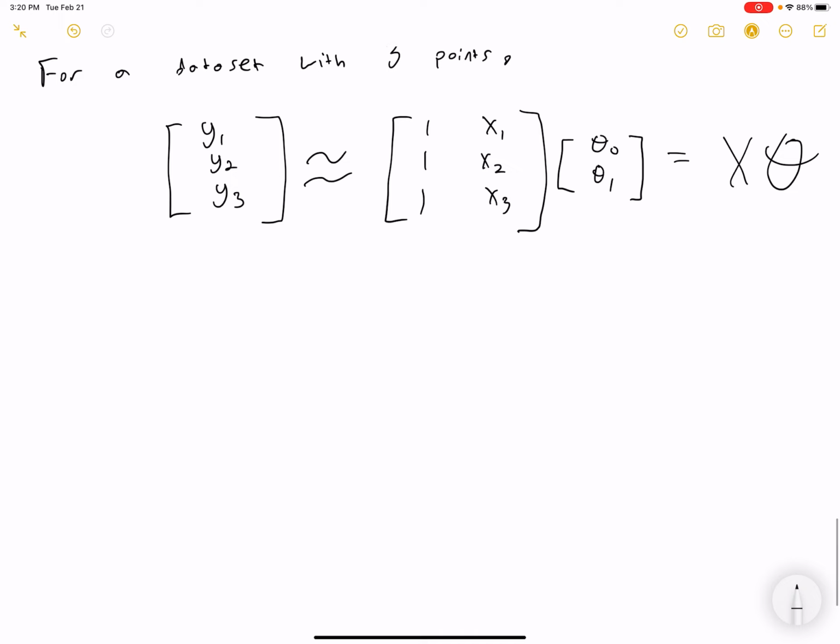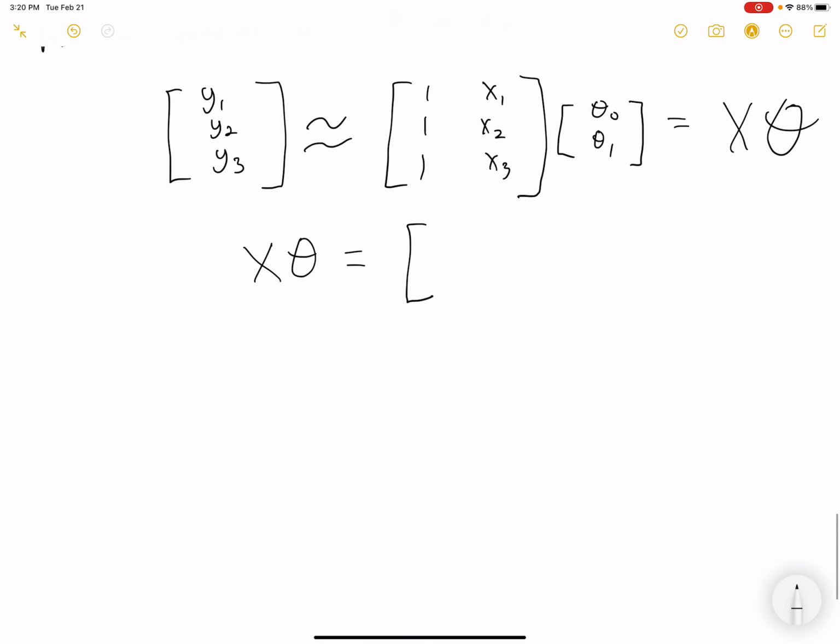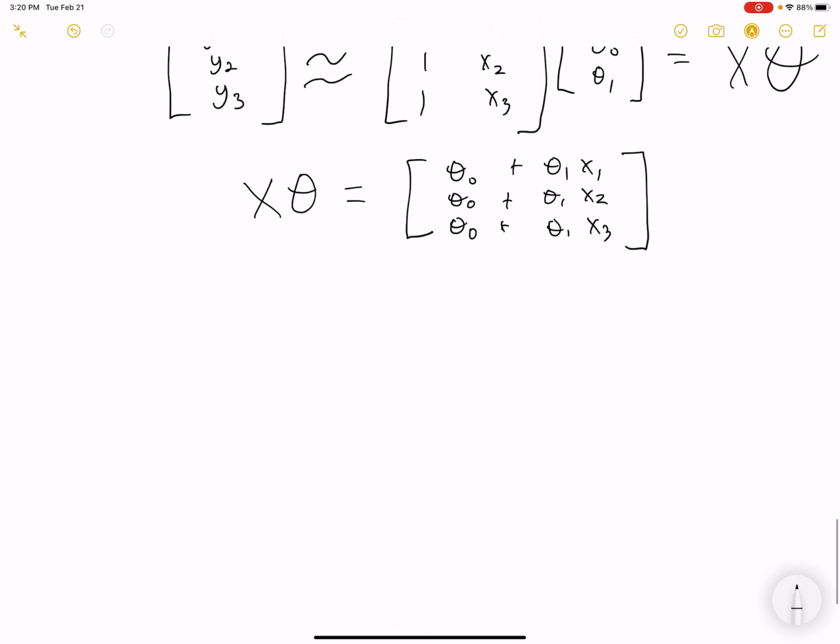If you do the matrix multiplication of setting it up this way, you find out that this X theta matrix is simply theta 0 plus theta 1 x1, so should look familiar, theta 0 plus theta 1 x2, and theta 0 plus theta 1 x3. Here the subscripts of x are the data point index, not the feature index.